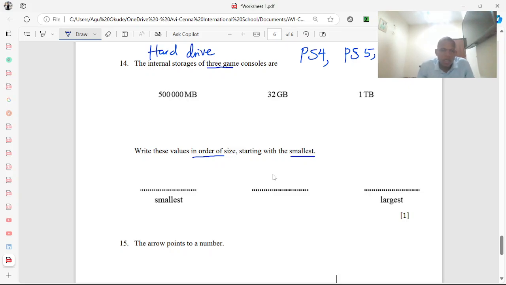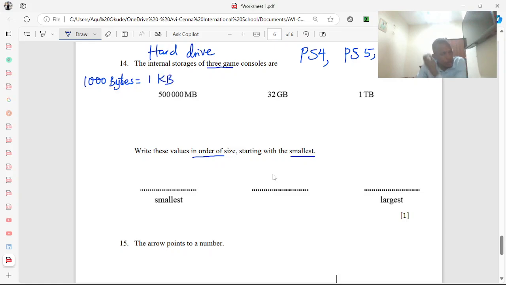Now what you must know is the conversion. 1000 bytes is equal to 1 kilobyte.